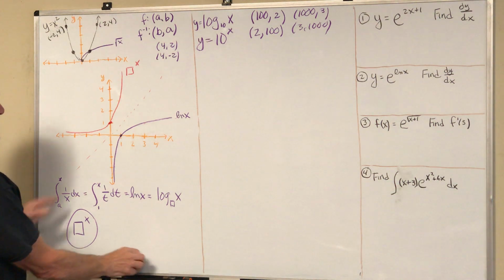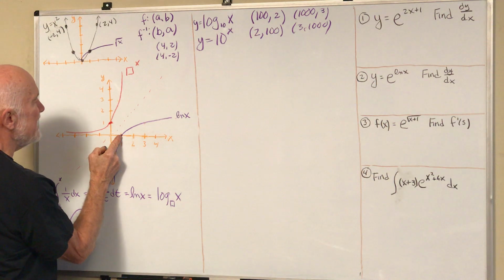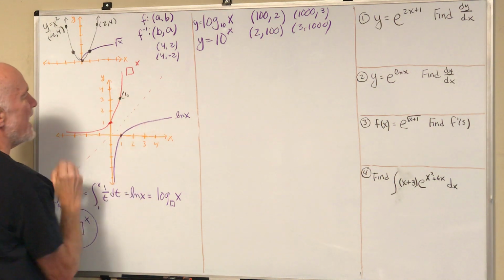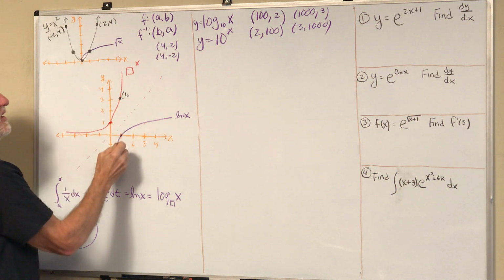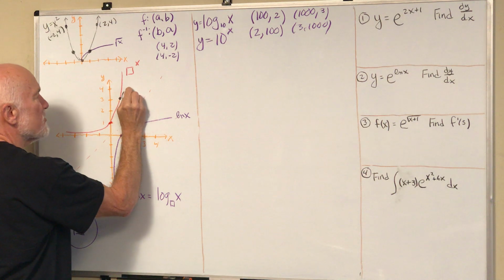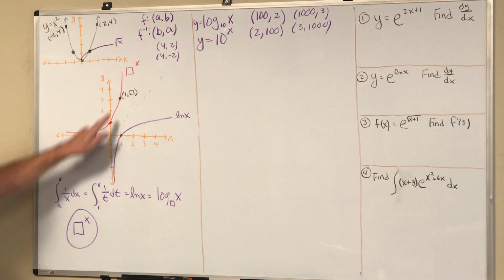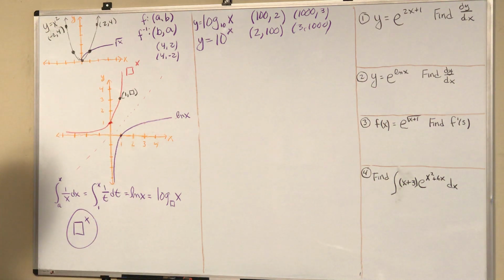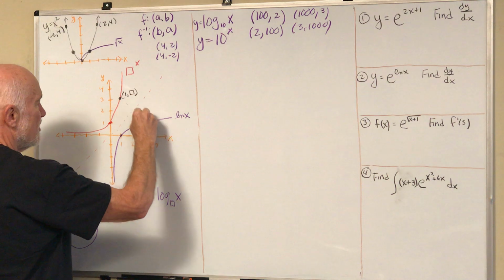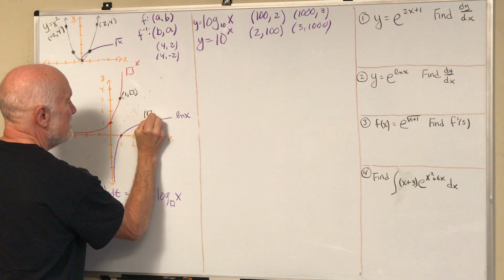Well, besides these 2 points, there's a point 1, something. 1 what? Well, if you put 1 into here, for x, you get box. Box to the first. So this red exponential function has the point 1, box on it, which means there's a point that reflects over here that's called box, 1.